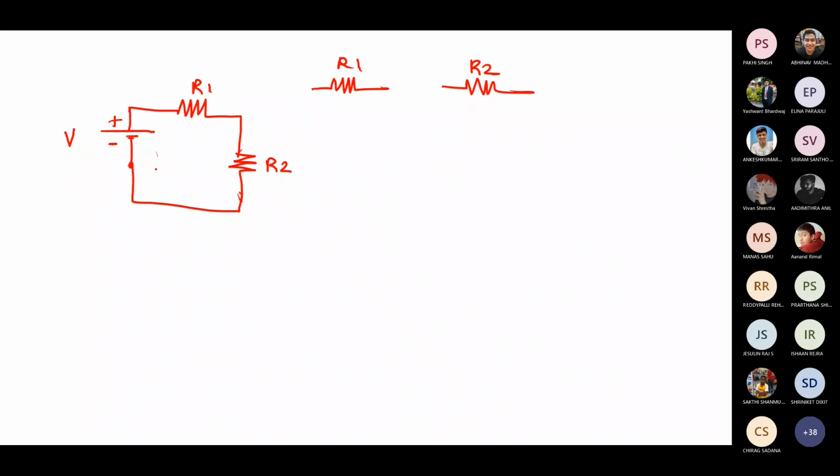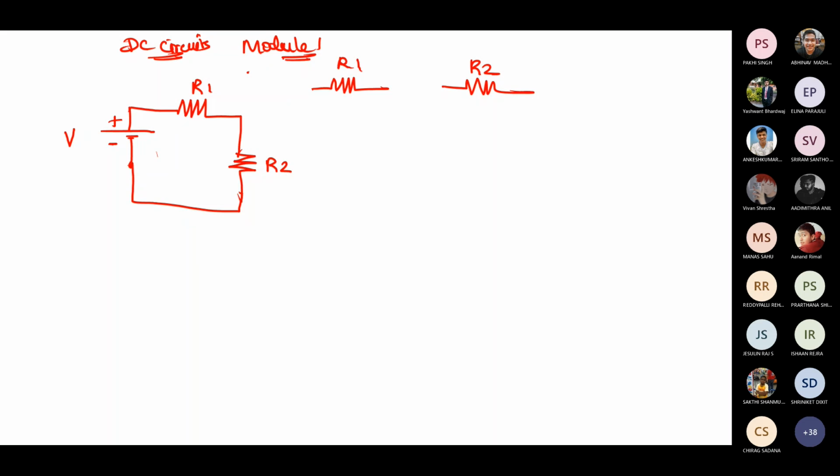So we can assume any direction, students. Because we are going to talk about module 1, which is for DC circuits. Generally we have two things, DC and AC.